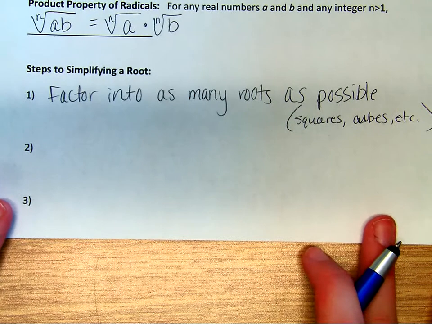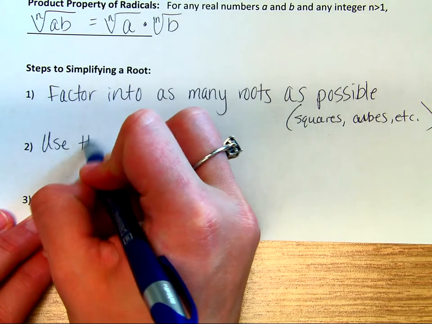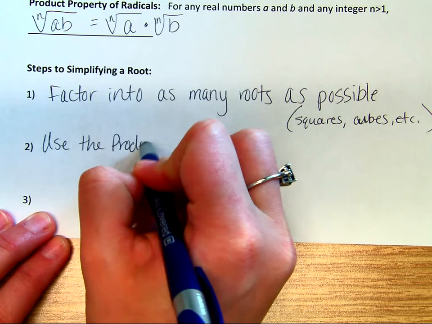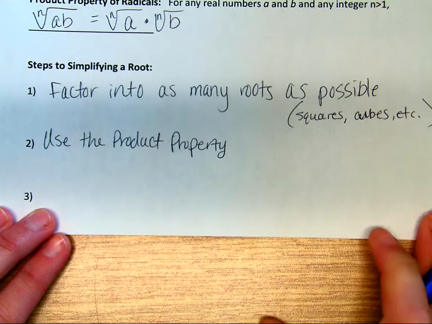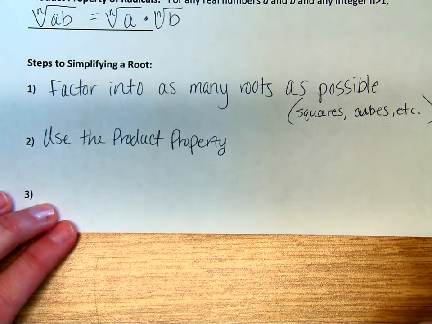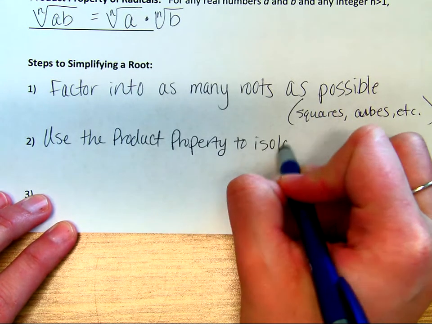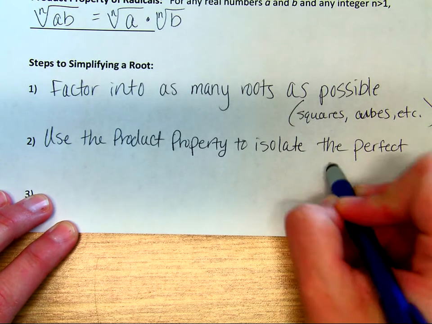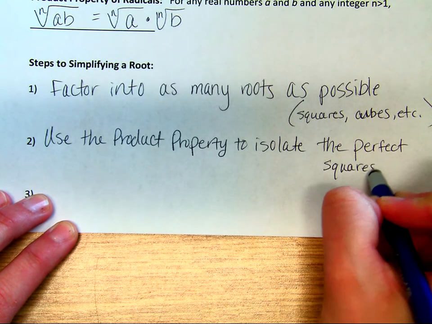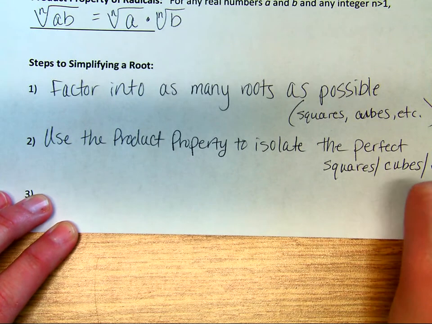Okay, and next we're going to use the product property to isolate the perfect squares or cubes or whatever root we're working with. Maybe we're working with an index of 4.